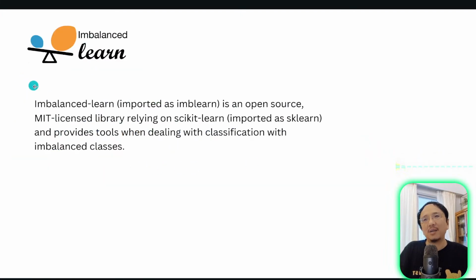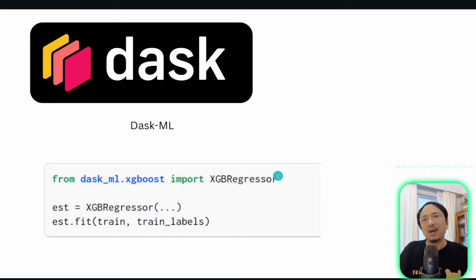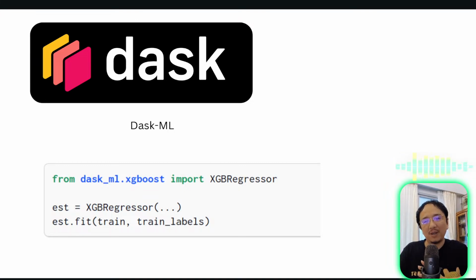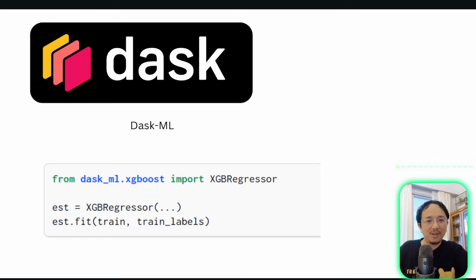Other things, like a package called imbalanced-learn, work well with scikit-learn and deal with imbalanced data. And Dask, which we probably mentioned before, can do a lot of things, mostly because it can be considered a pandas alternative, since it can deal with big data, do parallel processing and distributed computing.